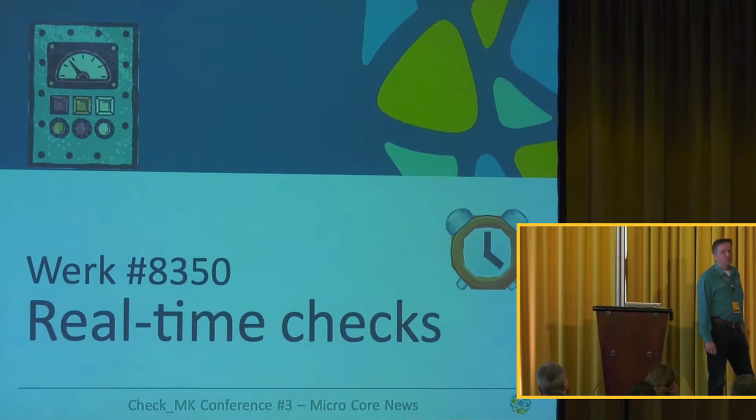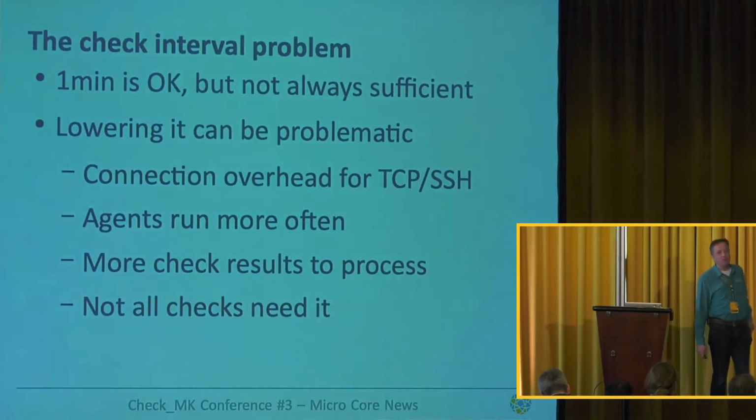So the first feature at the previous conference wasn't quite finished when we had that, but now it is fully operational, which is real-time checks. So what is the issue with real-time checks?